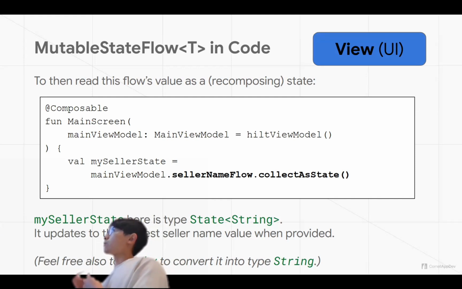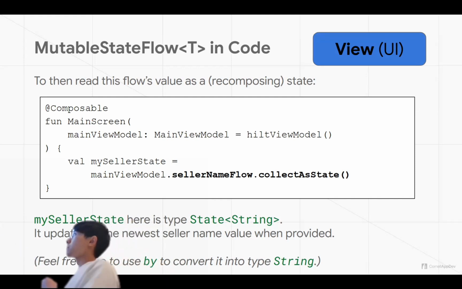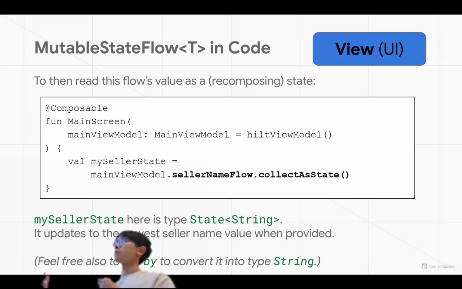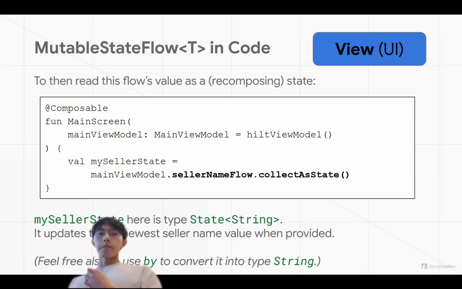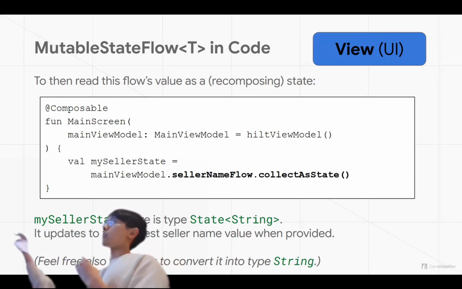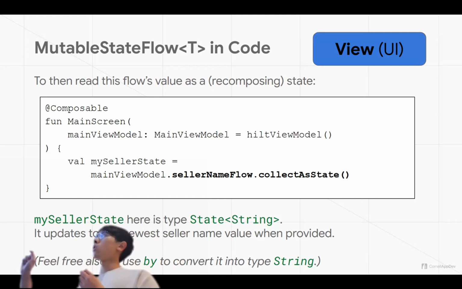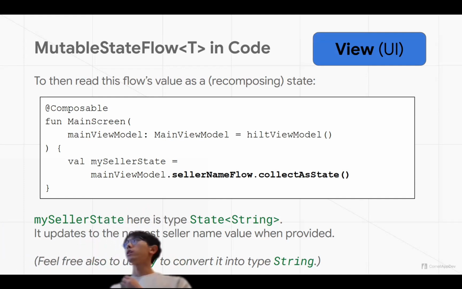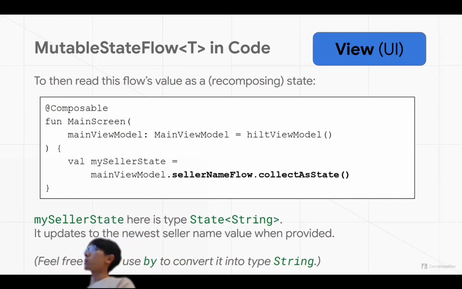So to do that, you just call this dot collect as state function here. Dot collect as state will convert that flow, I believe from a state flow to a read-only state. And so my seller state here, for example, since you called it on seller name flow, which was a mutable state flow of type string, will convert it to a state of string.